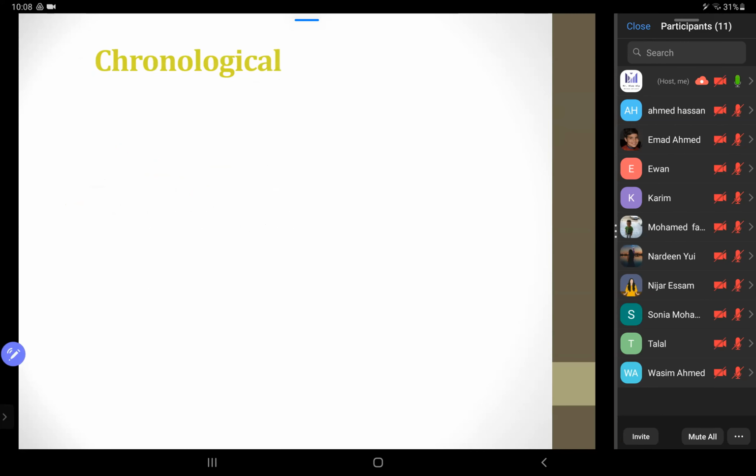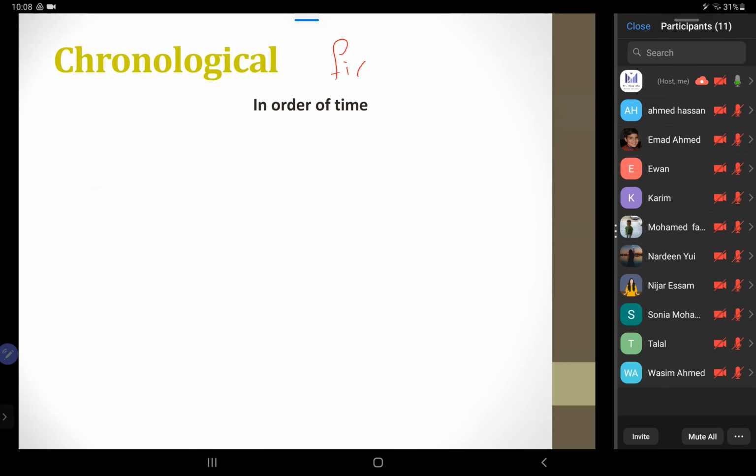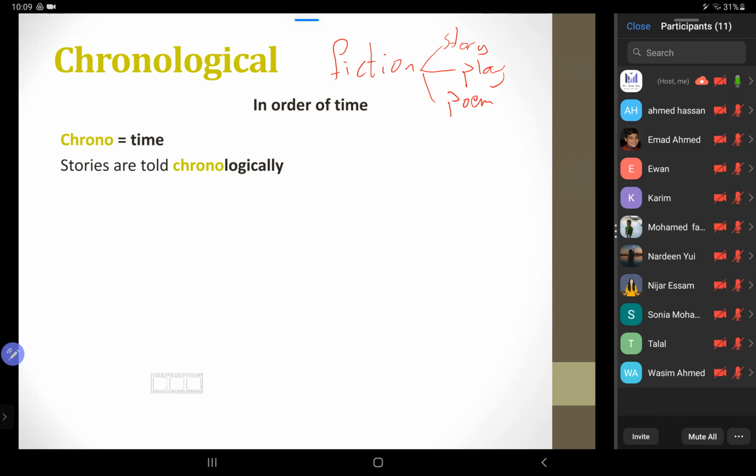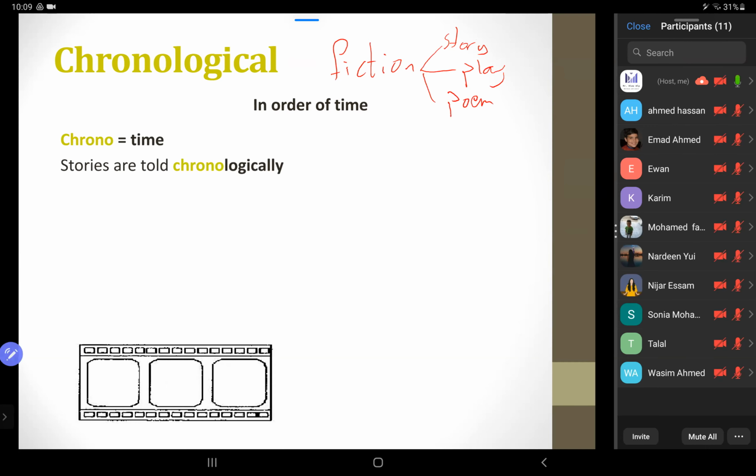So we already know the chronological one, which most of the time is in fiction, like stories, plays, novels, poems, and so on. In order of time, this happened first, and then that, and so on. Chronological is a Latin-origin word, chrono means time. So stories, and actually our life also, goes through a chronological order.